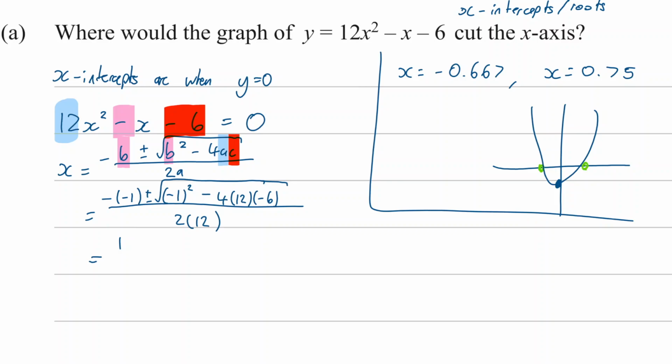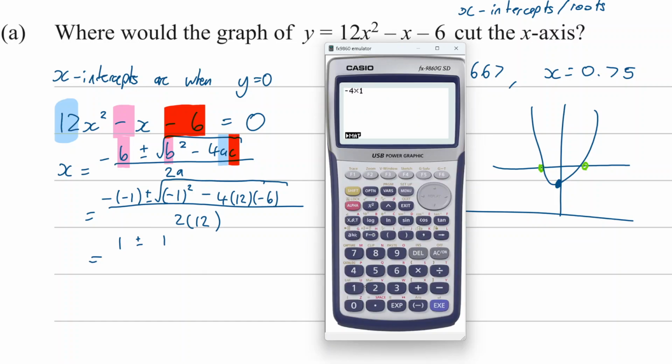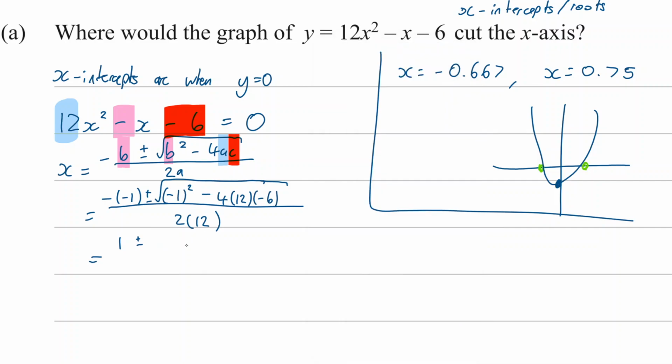Then we have, what is that? Save some time. Menu, run maths. Negative 4 times 12 times negative 6 is positive 288. Let's just add that to 1, so 289.